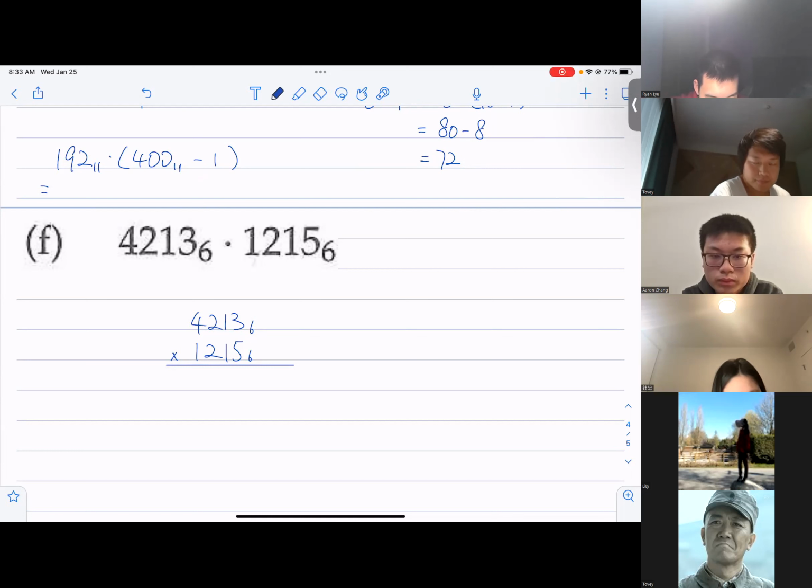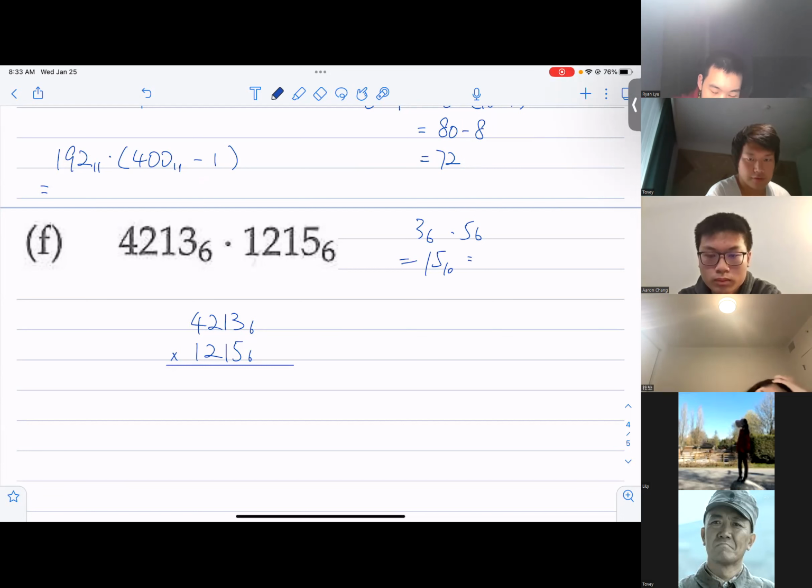Because you do 3 times 5, you can convert them back to the decimal system, which is still 3 times 5, right? So that will give you 15 in base 10, and you convert that back to base 6. To convert it back to base 6, in 15 there are 2 sixes, right? So you get 2 and you have a 3 in base 6.